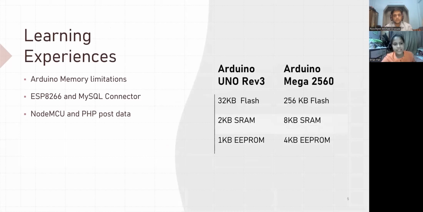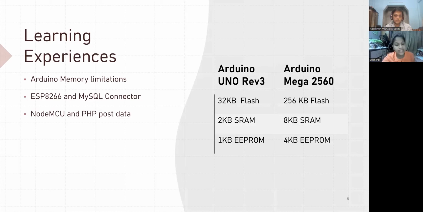So one of the learning experiences that we had was that previously we made use of the Arduino Uno. In the previous sem, we implemented the thermal probe for temperature and the blood pressure sensor. Then in the next sem, when we tried connecting the oximeter to the Arduino Uno, we ran out of memory.